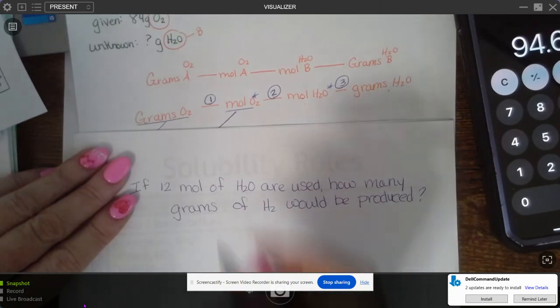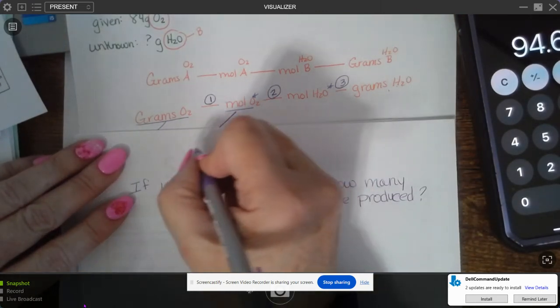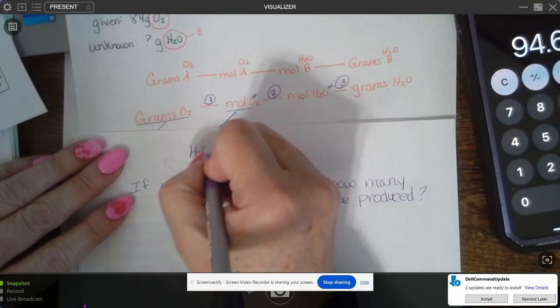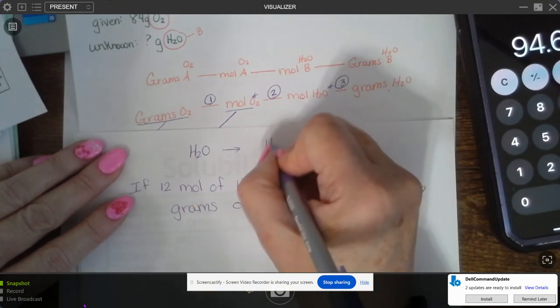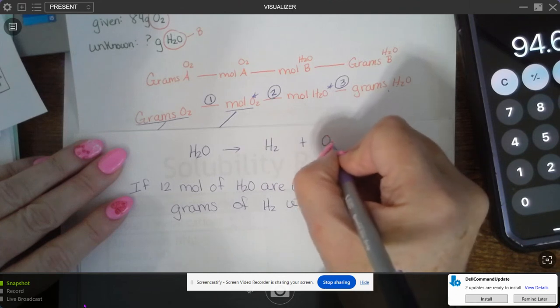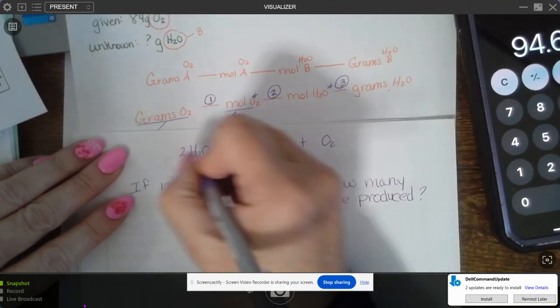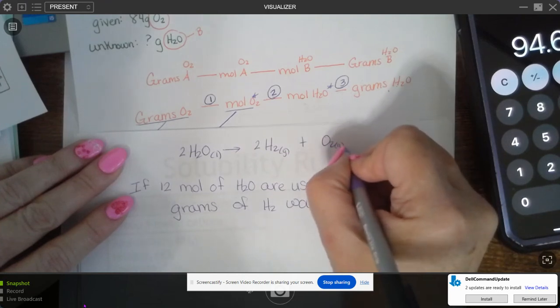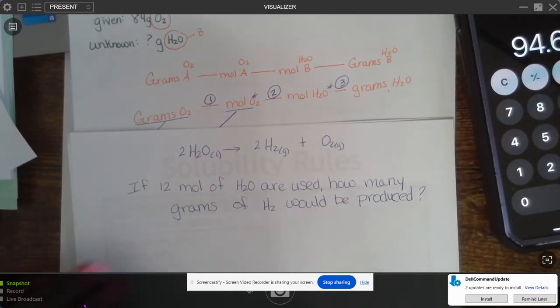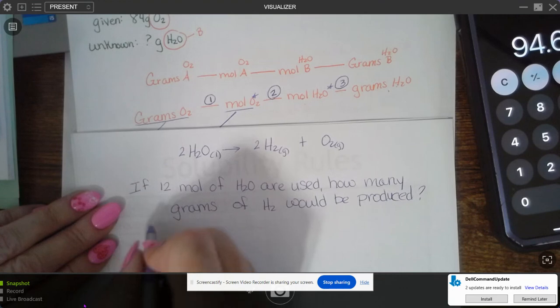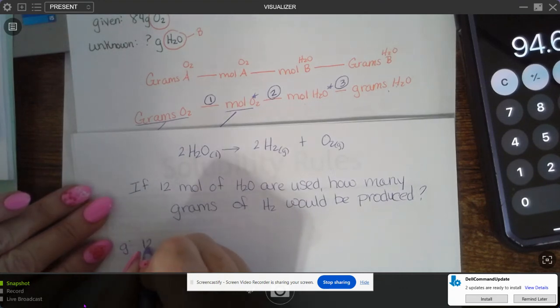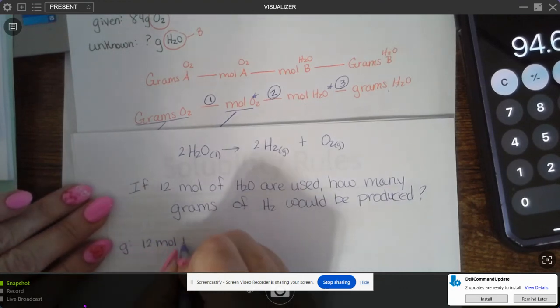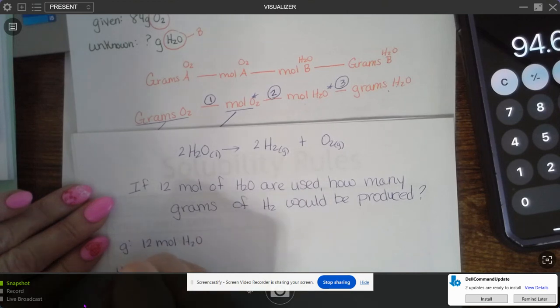Okay, now I'm going to put my equation up here. My equation, remember, was H2O decomposes to give me H2 plus O2. Okay, now this question, my given, is 12 moles of H2O, and my unknown is grams of hydrogen.